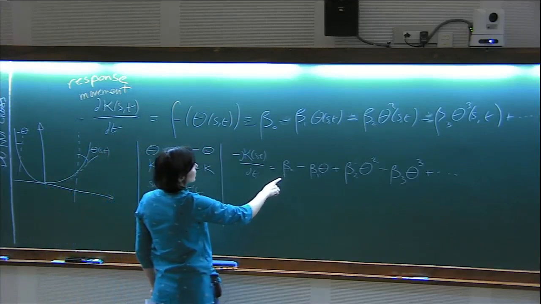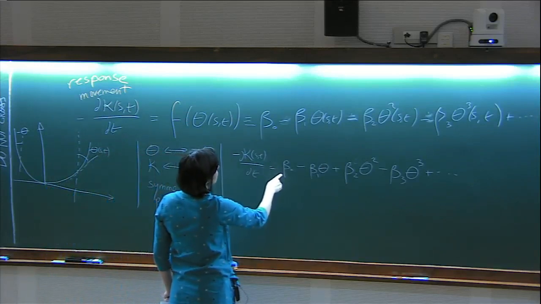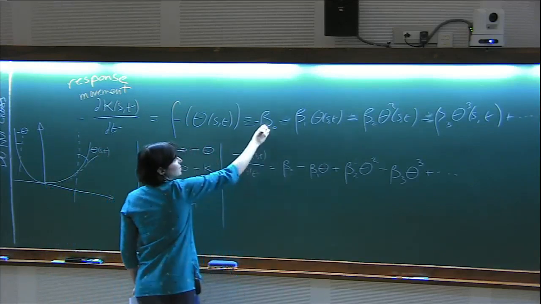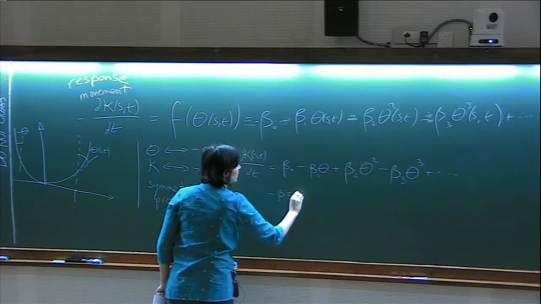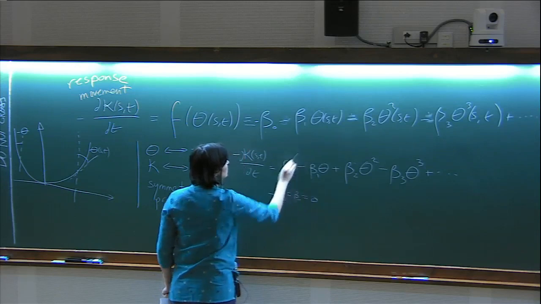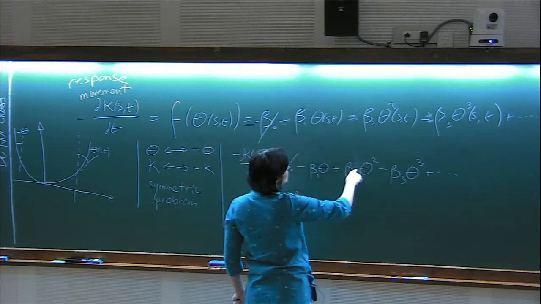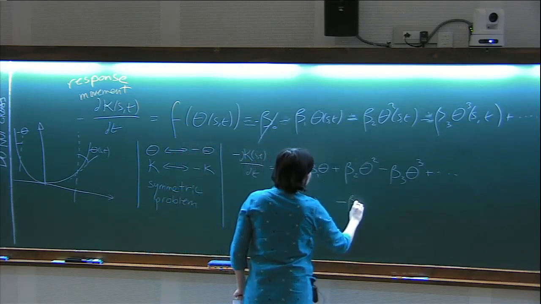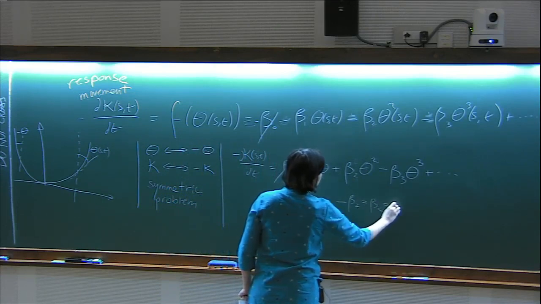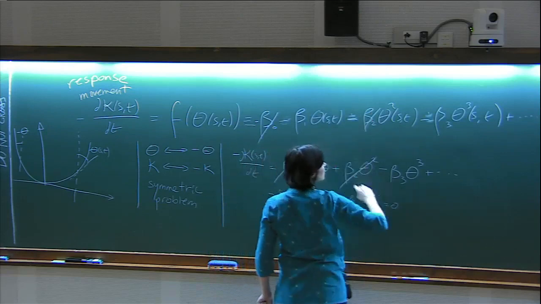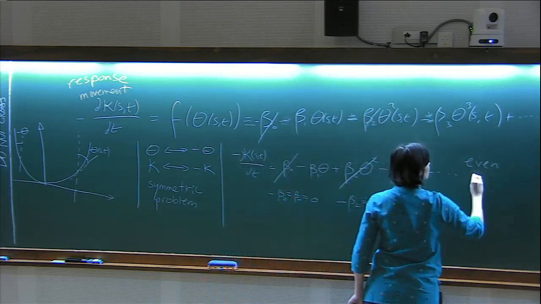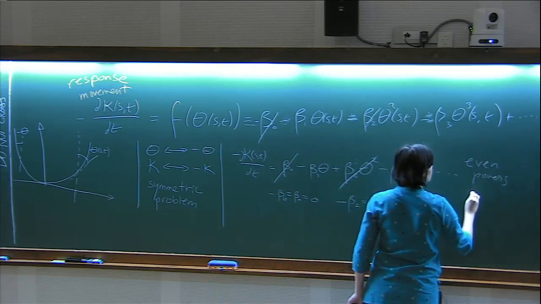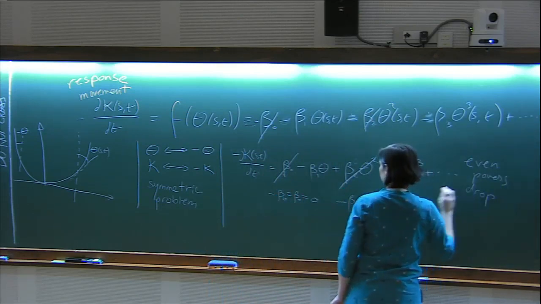So now I can compare because this is equal to this. Minus beta 0 equals beta 0, so it has to be 0, so this drops. And the same goes for this: if minus beta 2 equals beta 2, it must be 0. So I'm left only with the odd powers. Even powers drop.